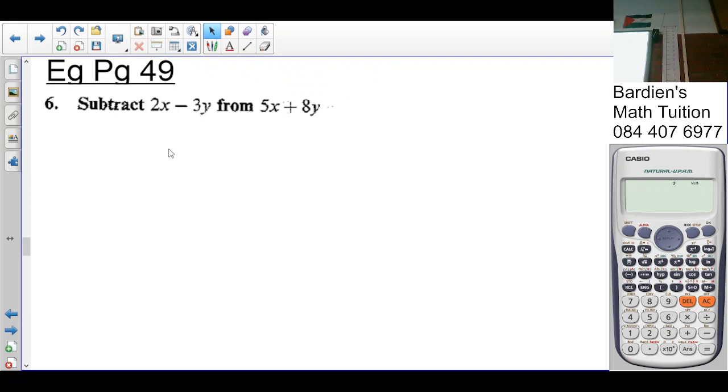Right, in number 6, it says subtract 2x minus 3y from 5x plus 8y. So write that sum down.